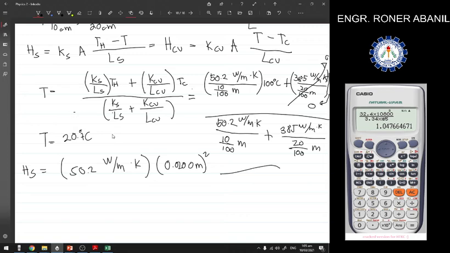So, multiply natin to ng 100 degrees Celsius minus yung 20.7 natin over 0.1 meter. So, HS dito is 15.9 watts. Ito yung answer natin. Okay.